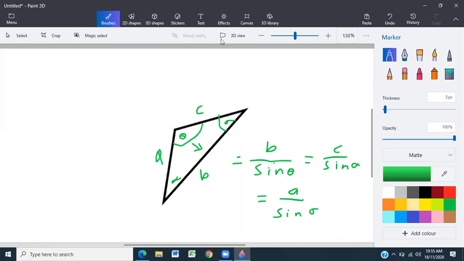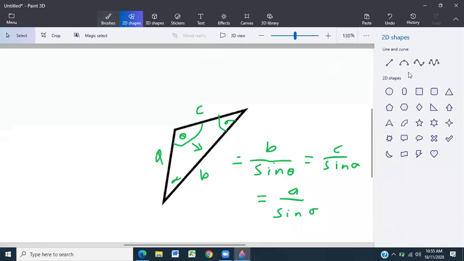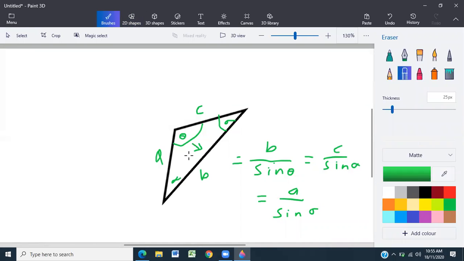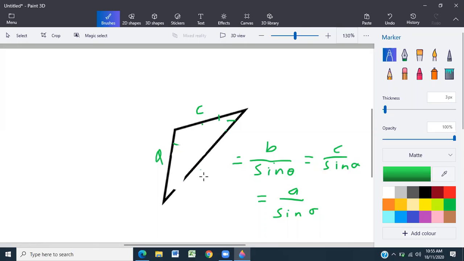So if we had a missing angle or a missing side, we can find it just by using this rule. So let's say we wanted to find C, and B was, say, 10. This angle here was 60, and the angle opposite C was 30.